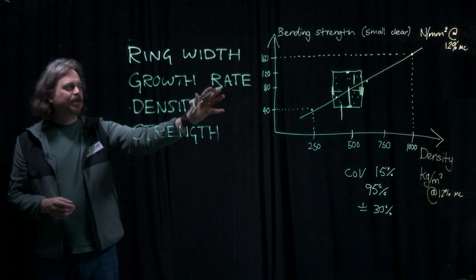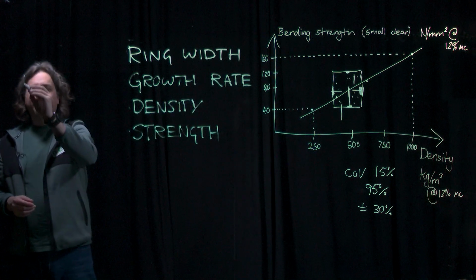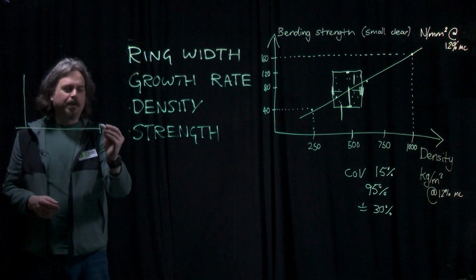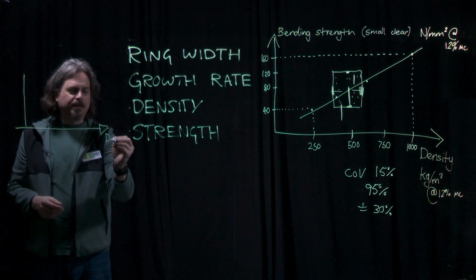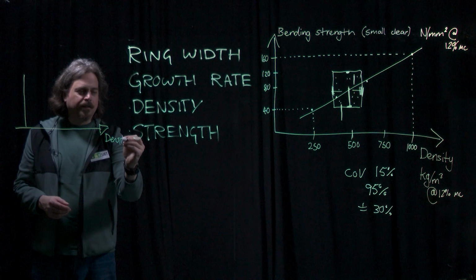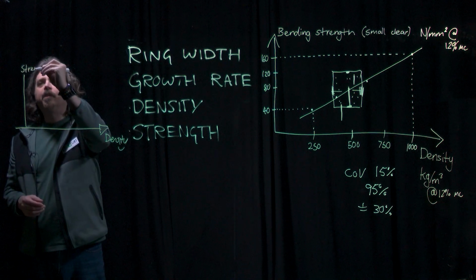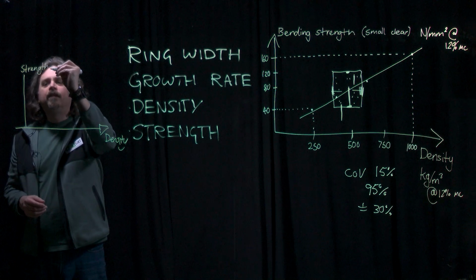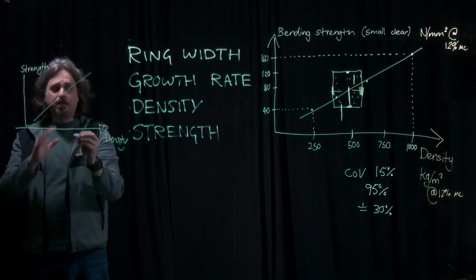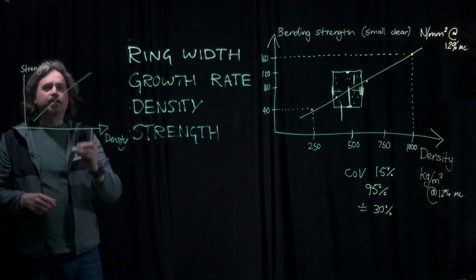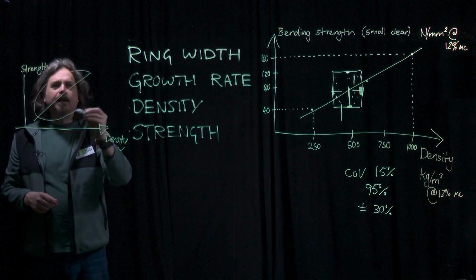So if we were to zoom in and look at the results for one particular species and plot just those on a graph, so density and strength, small clear strength from bending, we would have a relationship that we could describe with a linear regression, but it would be quite a big cloud.